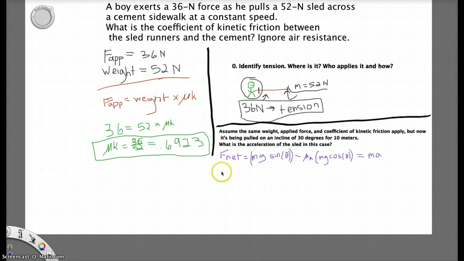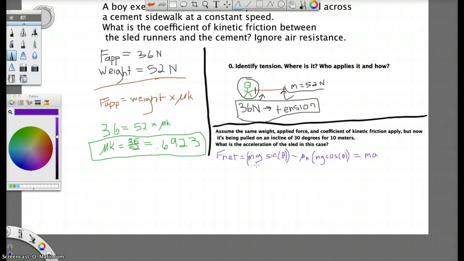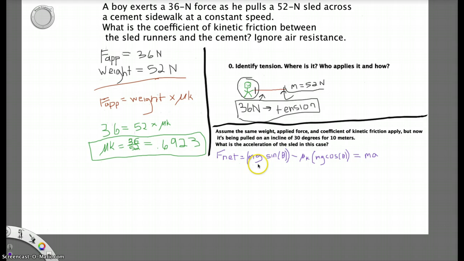In order to solve for the acceleration, we're going to use the equation, which is F net is equal to mg, which is essentially also our force normal, times the sine of theta, which is 30 in this case, minus mu k, which is what we solved right here on the left, times mg, which is also force normal again, times the cosine of theta, which is 30.